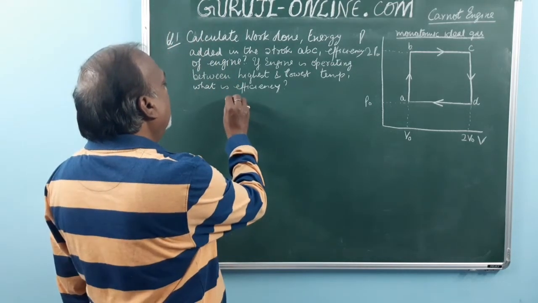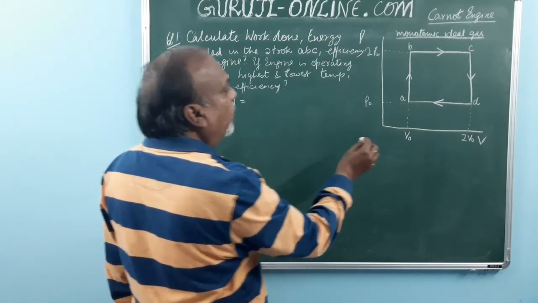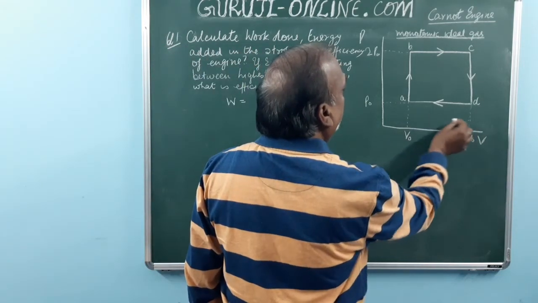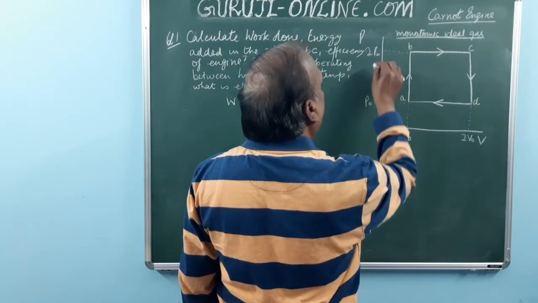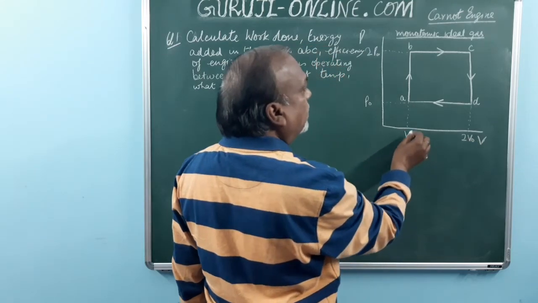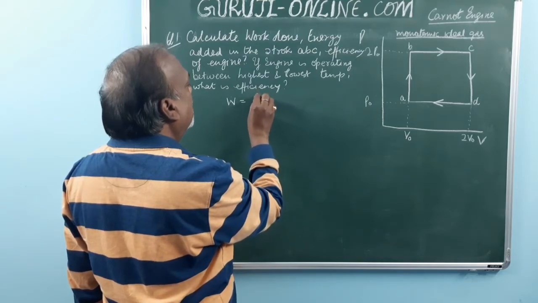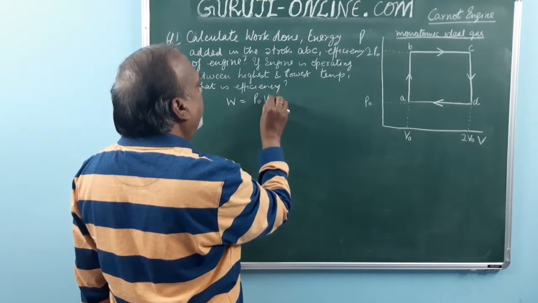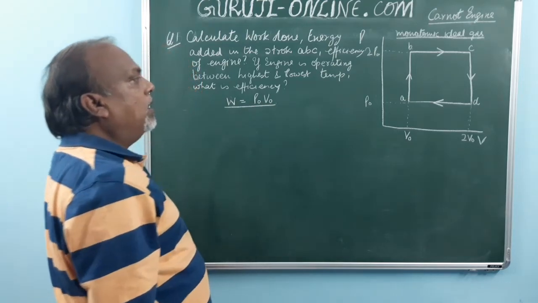So work done, we can straightaway write. This is V0 and this is P0, because this is 2P0 minus P0 and 2V0 minus V0. So this is the work done.